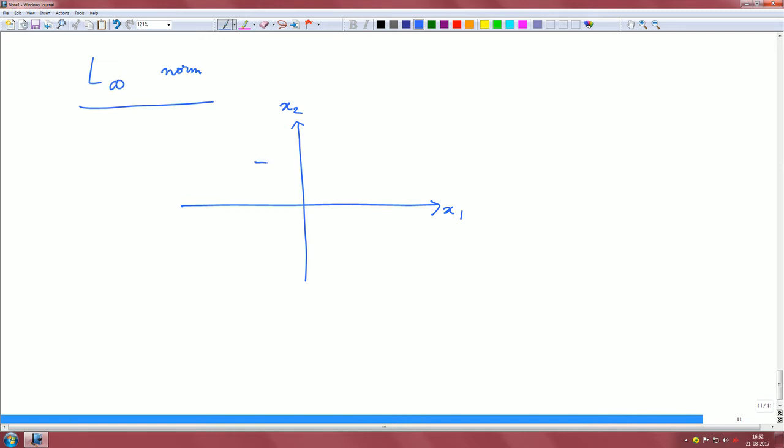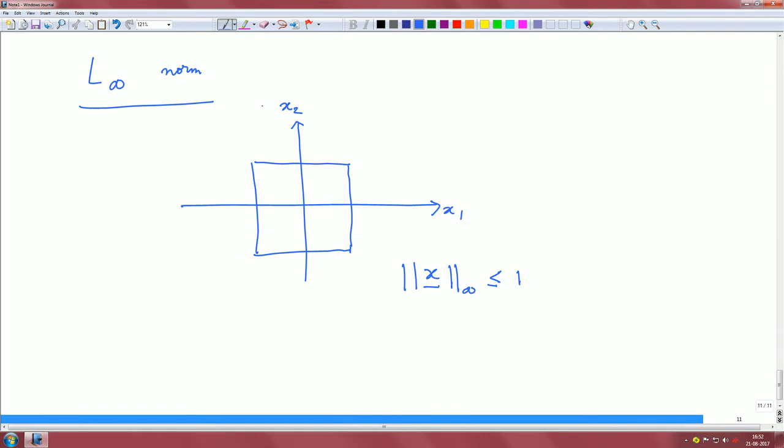So, if I say the L infinity norm is less than or equal to 1, you can imagine that your maximum over absolute value of x1 or absolute value of x2, right.